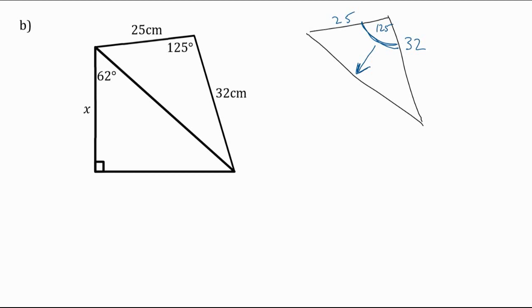This is one of the things I was saying at the very beginning, before we started that first example: you might look at this and say, that's all I can do. I can't find the other angles yet. I can't find anything in the other triangle yet. The only thing I can find with these three pieces of information that I've been given is this side length, right? That's the only thing that I can find. So I'm going to have to find it.